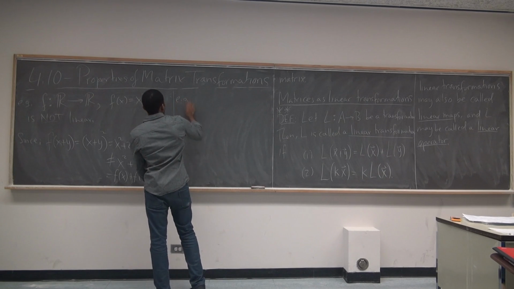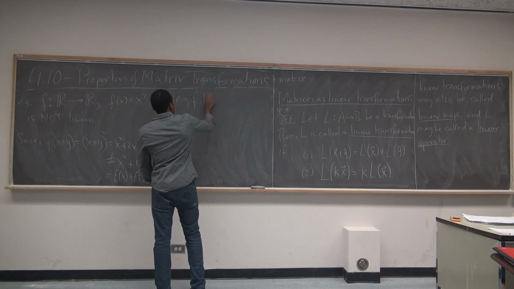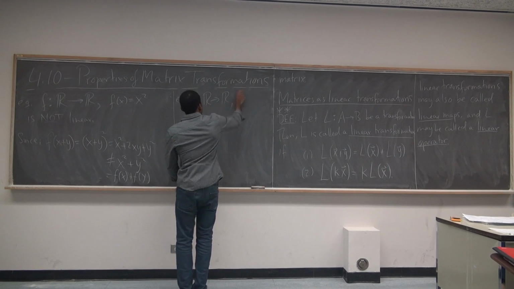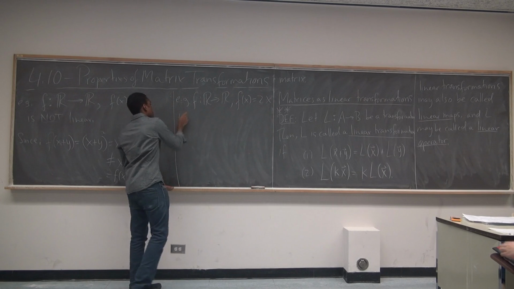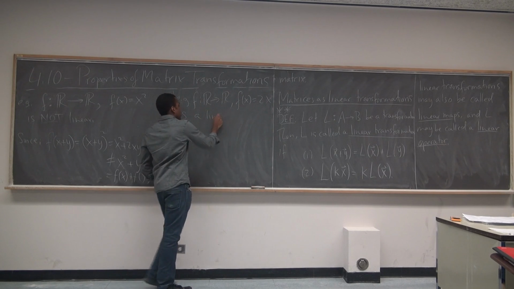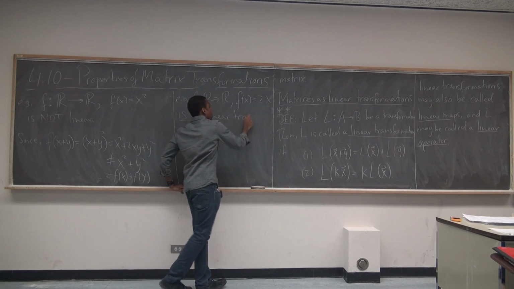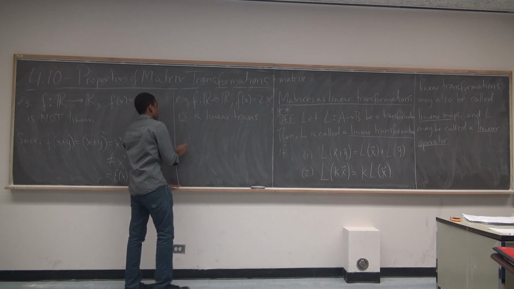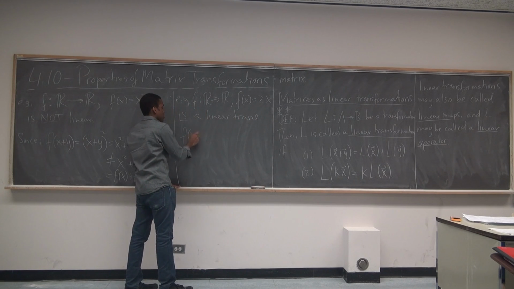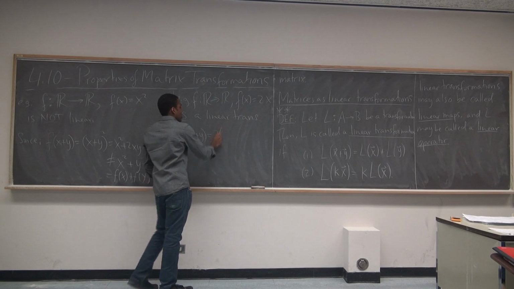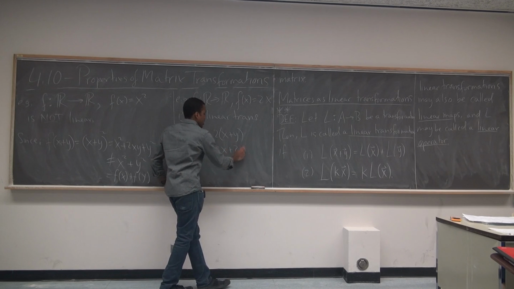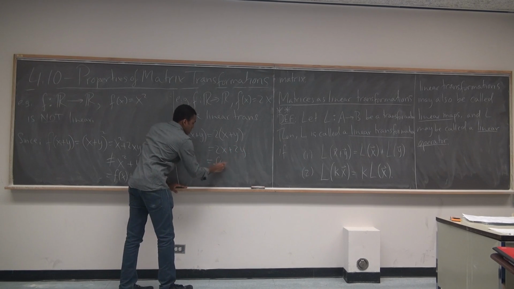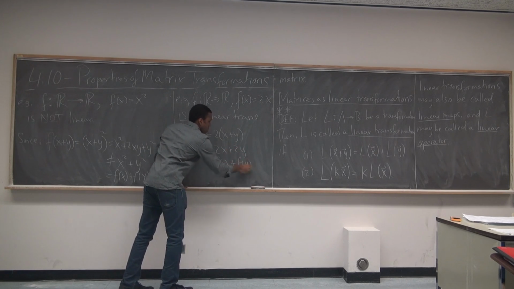Another example. Again, going from the real numbers to the real numbers, if I define f of x to be the function 2x, this is a linear transformation. Because if I take f of x plus y, this is 2 times x plus y, this is 2x plus 2y, which is f of x plus f of y. Right?